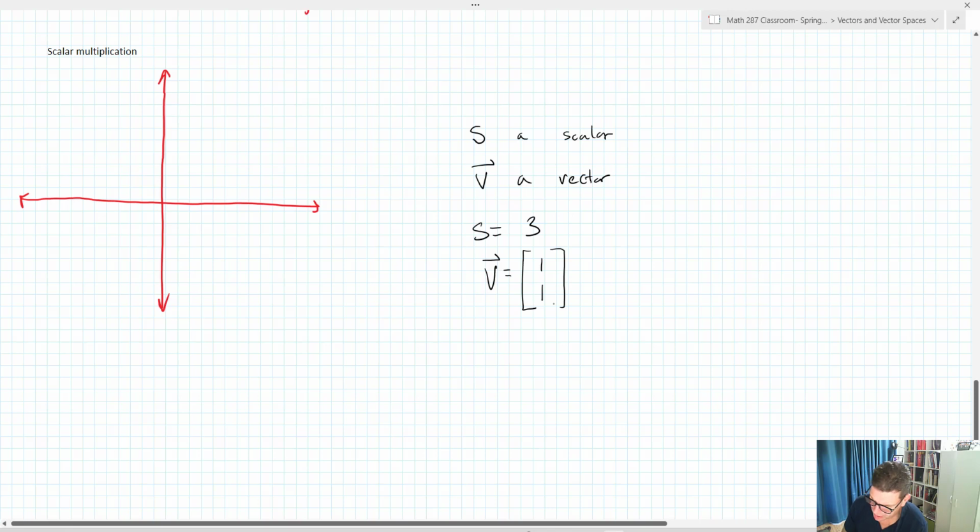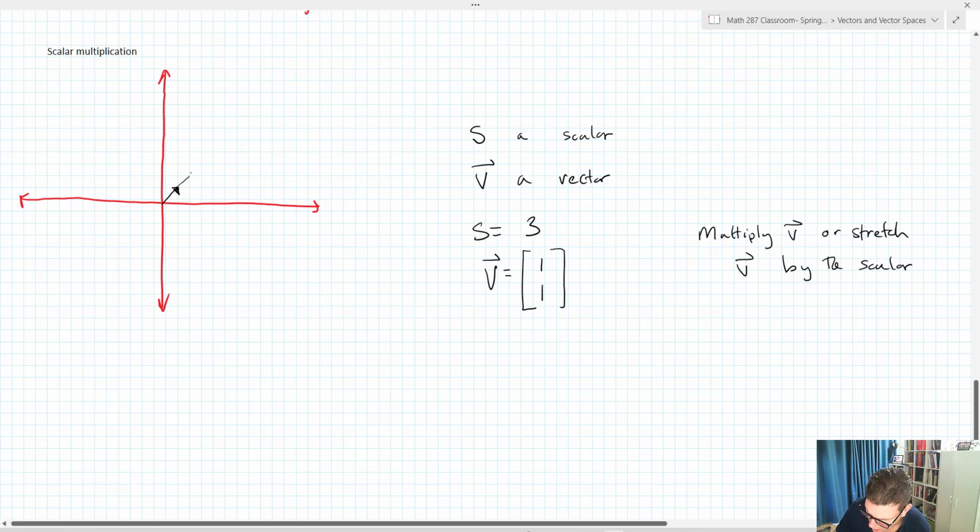Fairly simple. So we start out with v. We make v 1, 1. Okay? And what's going to happen with s is scaling is going to multiply v, or stretch v, by the scalar. So in this case, it's going to scale v by 3.